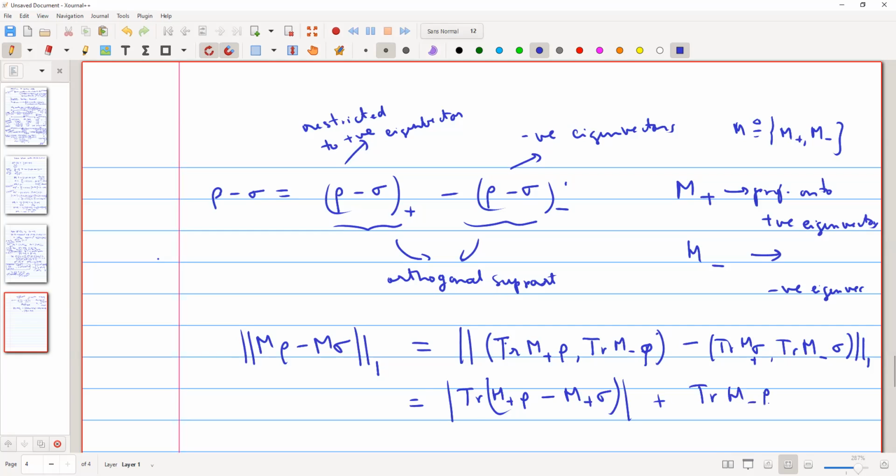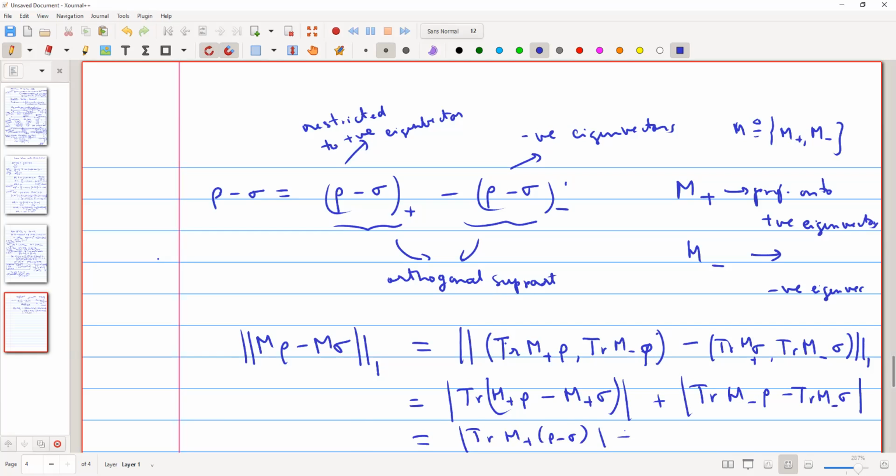The equality is because of orthogonality. This is just me writing down the one norm of a vector of size 2. Okay. So trace of M plus rho is the probability on the positive. Okay. So this is trace of M plus, rho minus sigma.